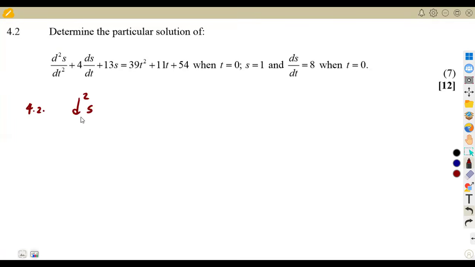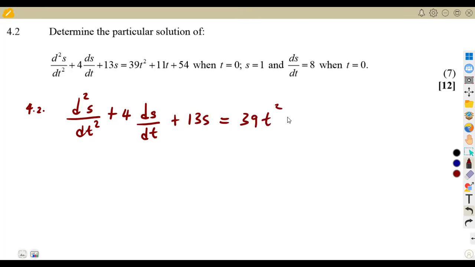That is the second derivative of s with respect to t, plus 4 ds/dt. So you're supposed to also consider the type of equation that you're given there. Plus 13s is equal to 39t squared plus 11t plus 54.